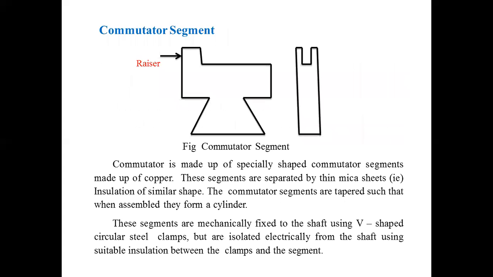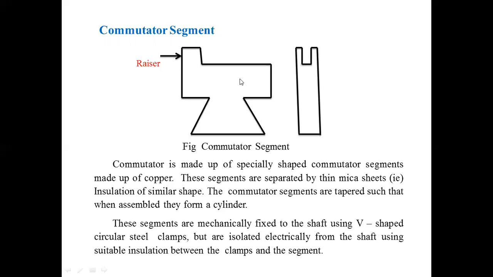Next one, this is the commutator arrangement and this is the commutator segment. If you observe, this is the commutator segment. In the next class also, I will show the complete picture. This is one segment, and this is the side view. These number of segments are placed in a circle to form a circle.